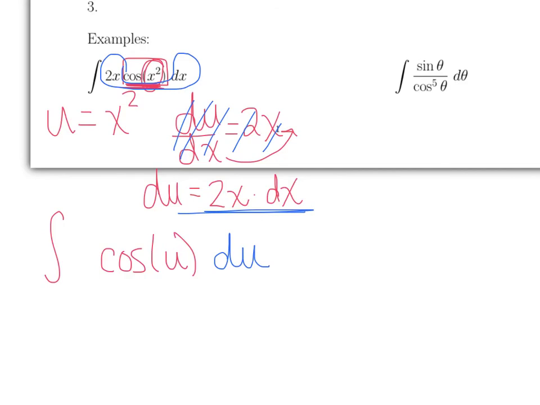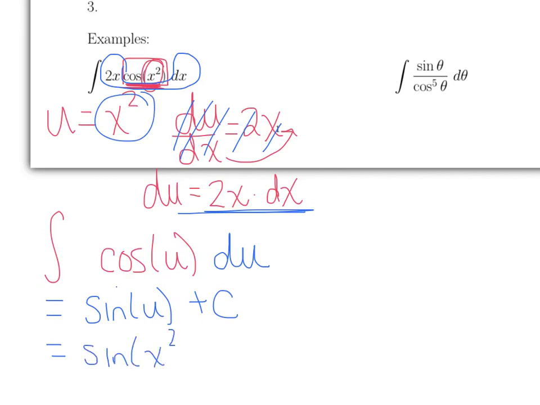And we're really just integrating cosine of u du. And that integral we know to be sine of u, and then we'll have our plus c because it's an indefinite integral, there are no bounds. And then the last step is to write it replacing u with x squared, so this is sine of x squared plus c.